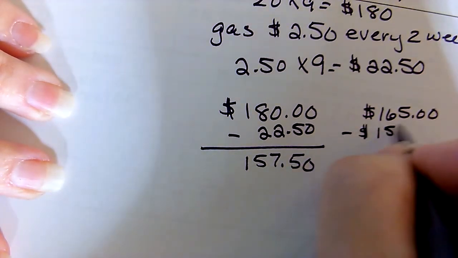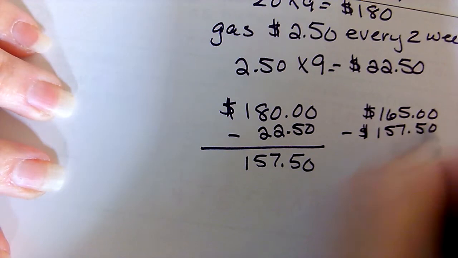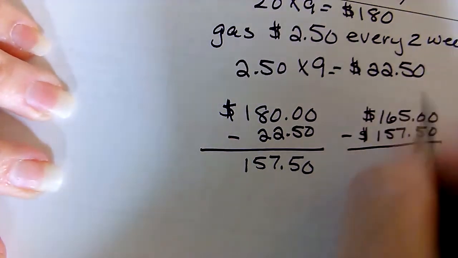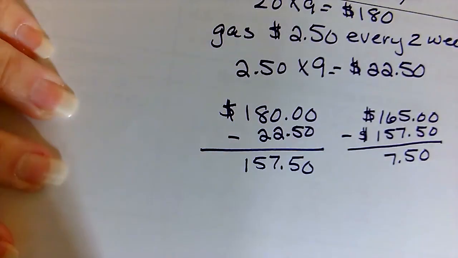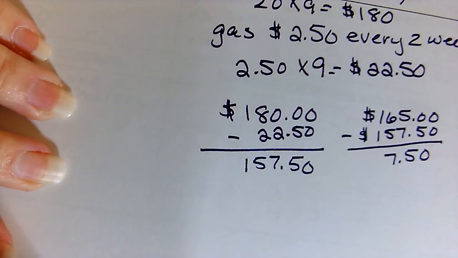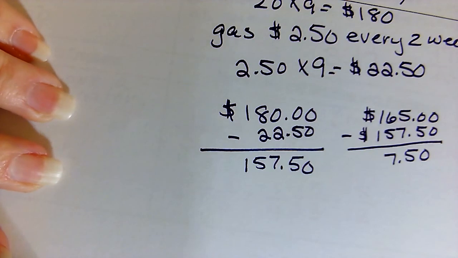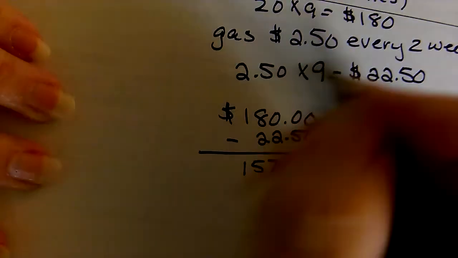He's made $157.50. And we do all the subtraction, that's $7.50. So Adam will spend $7.50 more than he earns. Adam will spend $30 more than he earns. Adam will earn a net amount of $12.50, or Adam will earn a net amount of $37.50. What's the answer? A. That's correct.